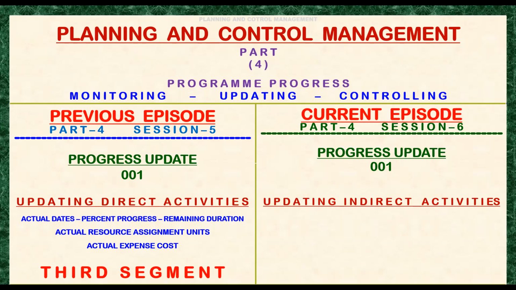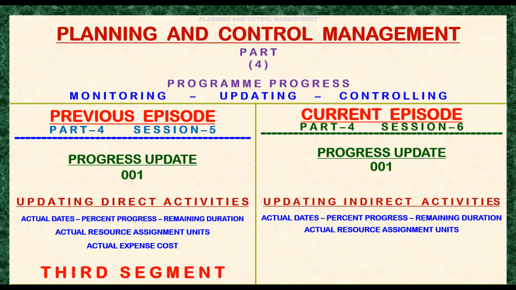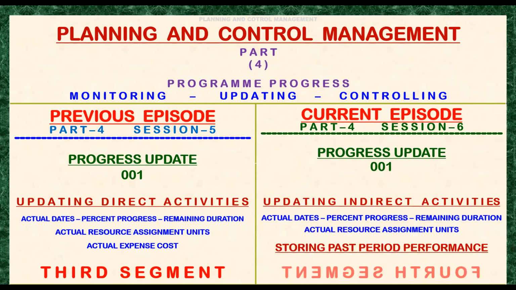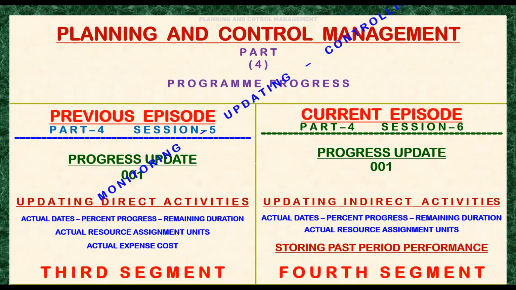The main topic is updating indirect activities, which involves actual dates, updates, percent progress, remaining duration, actual resource assignment units, and storing past period performance. So this is our fourth segment.